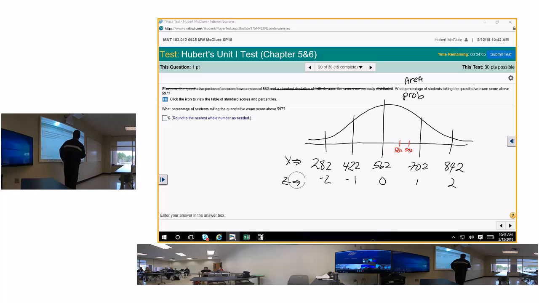We want 597. 562 plus 70 is 632. And half of 70 is 35. 35 plus 562 would be 597.